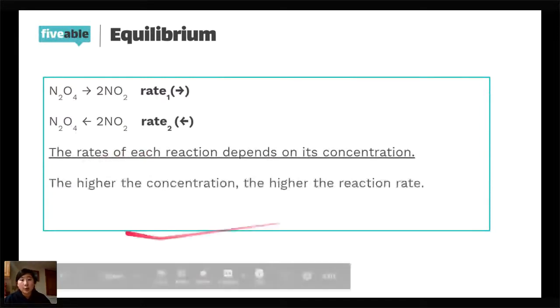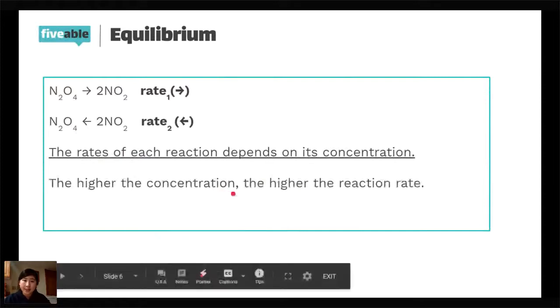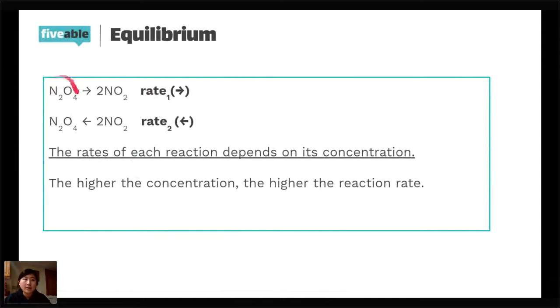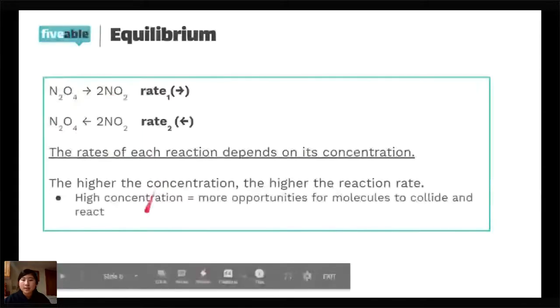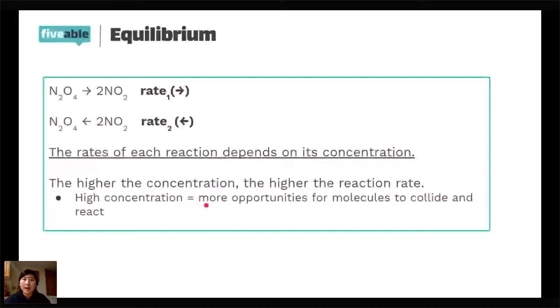The higher the concentration, the higher the reaction rate. So let's say you have tons and tons of this solution, then you're going to be creating a lot and a lot of 2NO2. That is because a high concentration is equivalent to more opportunities for molecules to collide and react.